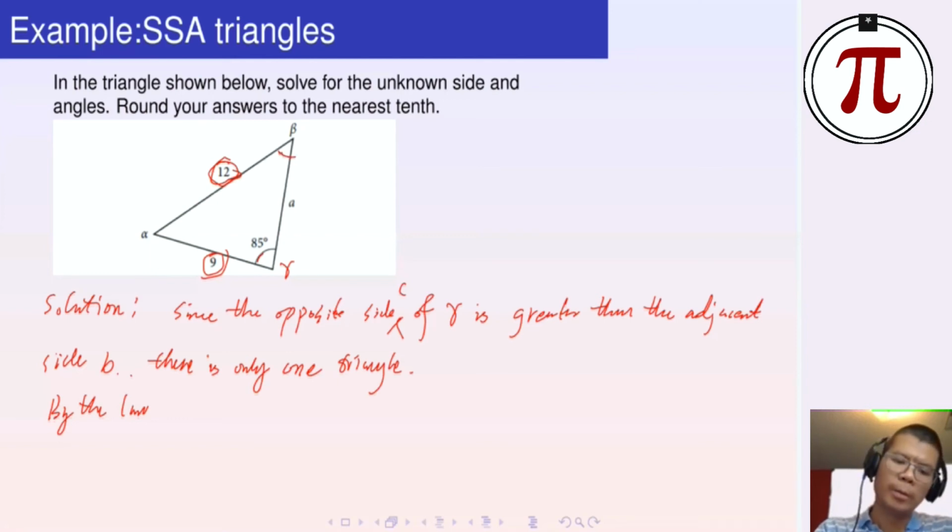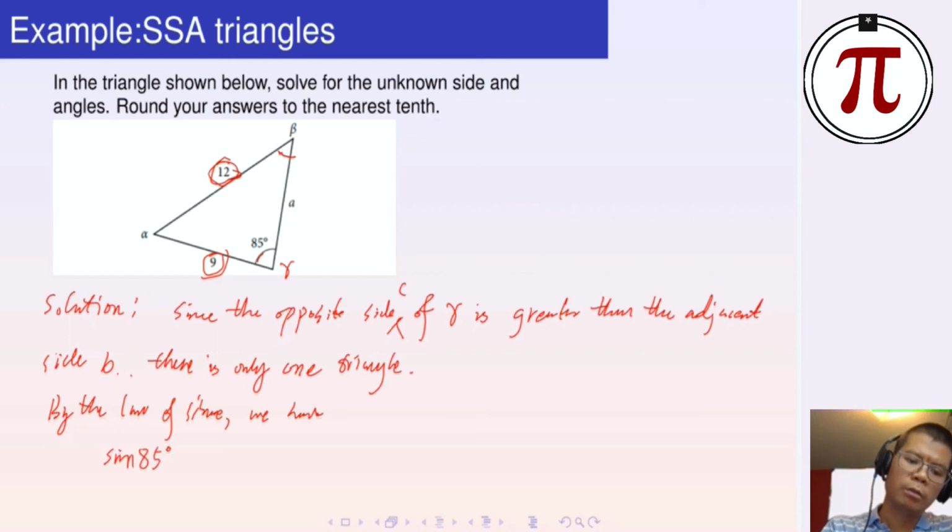So by law of sines, we have sine 85 degrees over 12 equals sine of beta over 9. Yes. So you can find the sine beta.